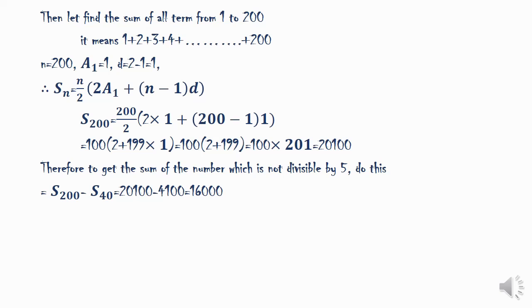The remaining is $400. So the $400 is the part which is used to buy rice. That is the concept which is used in our question: the sum of the numbers which are divisible by 5, and we have all terms. When you calculate there, you get the remaining part is for those numbers which are not divisible by 5.